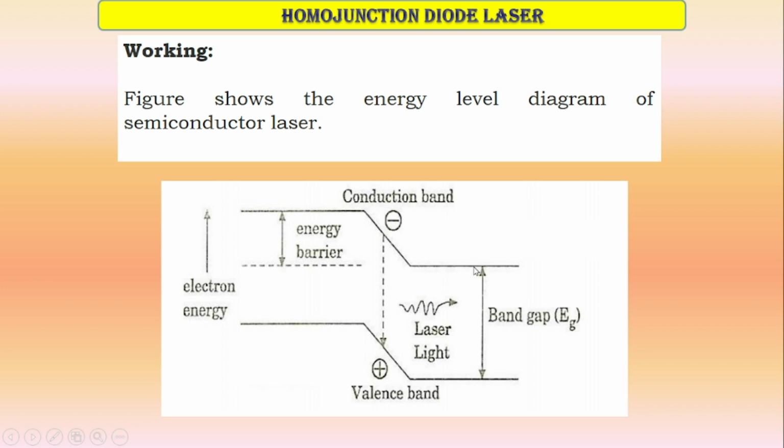When we apply forward biasing to the p-n junction diode, then electrons of the conduction band of the n region and holes of the valence band of the p region go towards the junction and recombine with each other, and due to this recombination the laser beam is emitted through this active region.